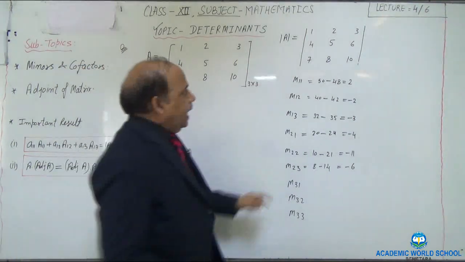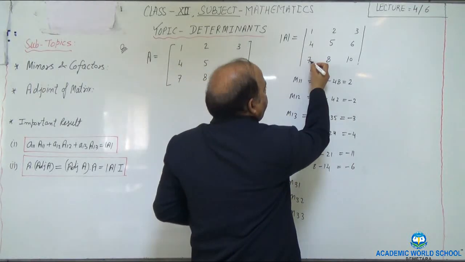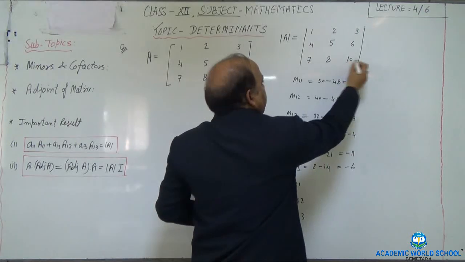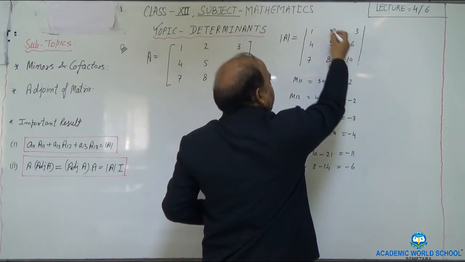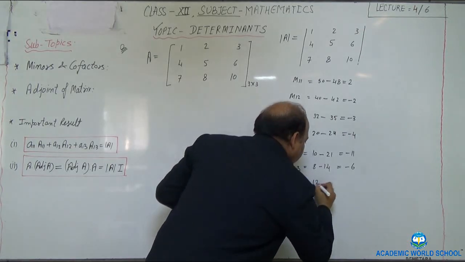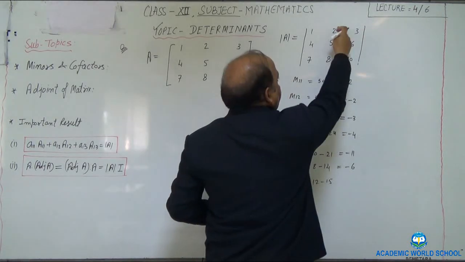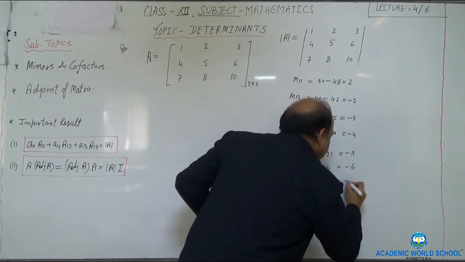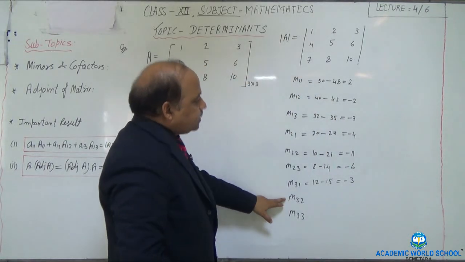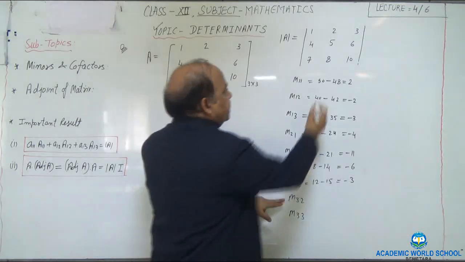Let's find out M31. What will be M31? The element which belongs to third row and first column, leave this part. 6 times 2 is 12 minus 15. It gives you 12 minus 15, that is nothing but minus 3. Come to the second one, third row, second column.